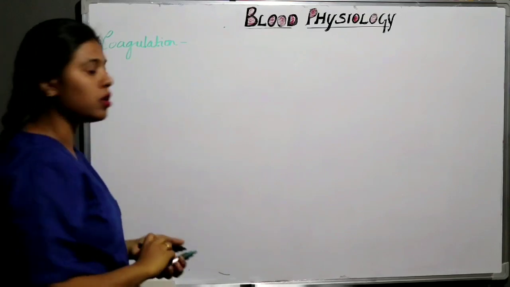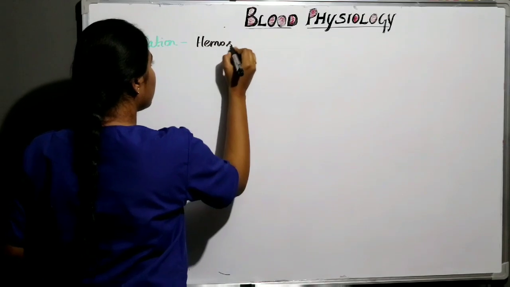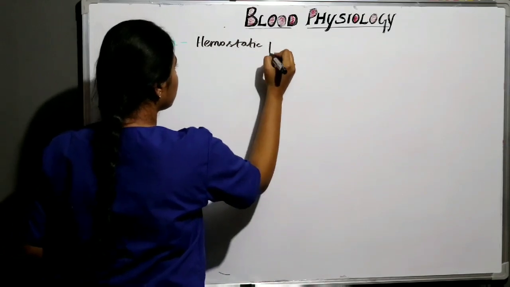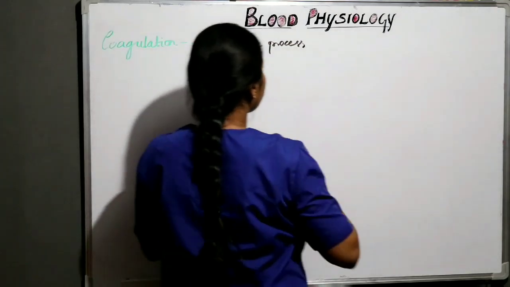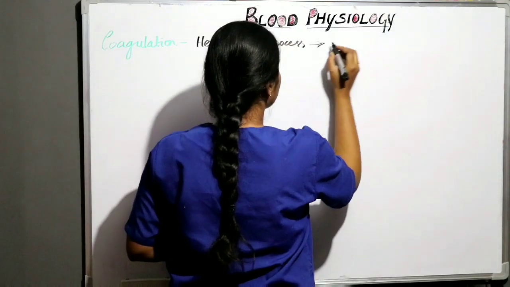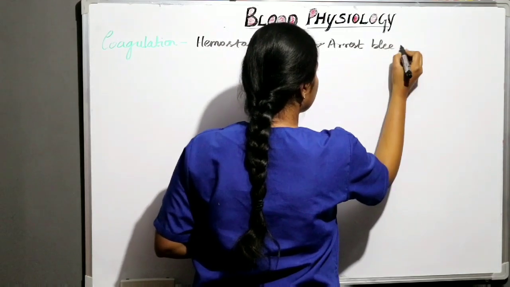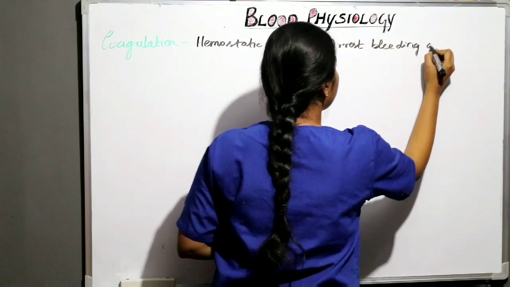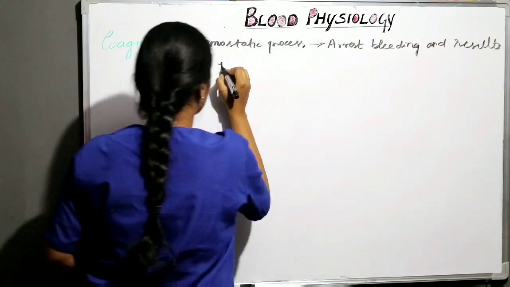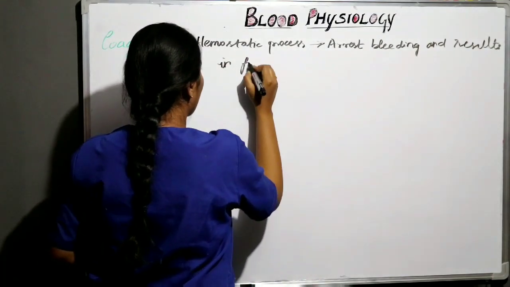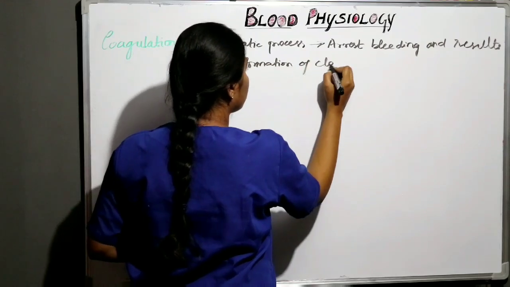So what is coagulation? Coagulation is the hemostatic process. It is used to prevent or arrest bleeding and results in formation of a clot.